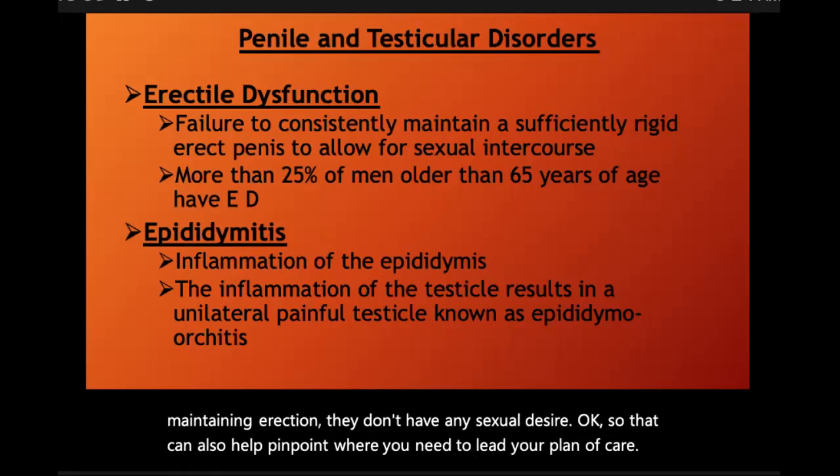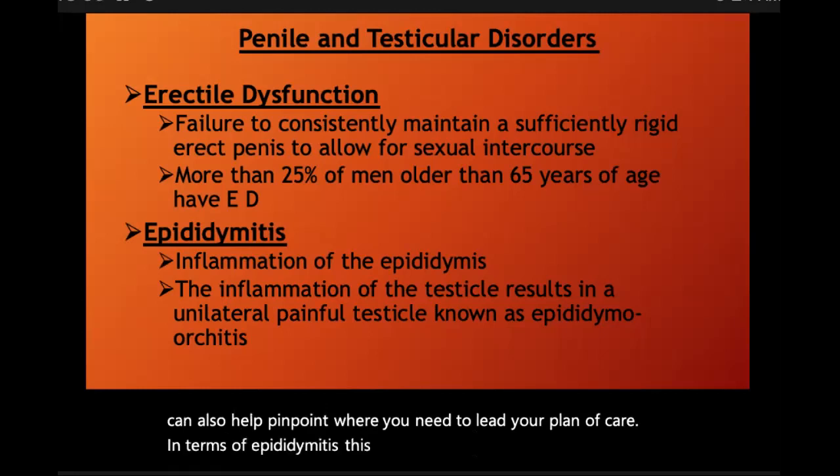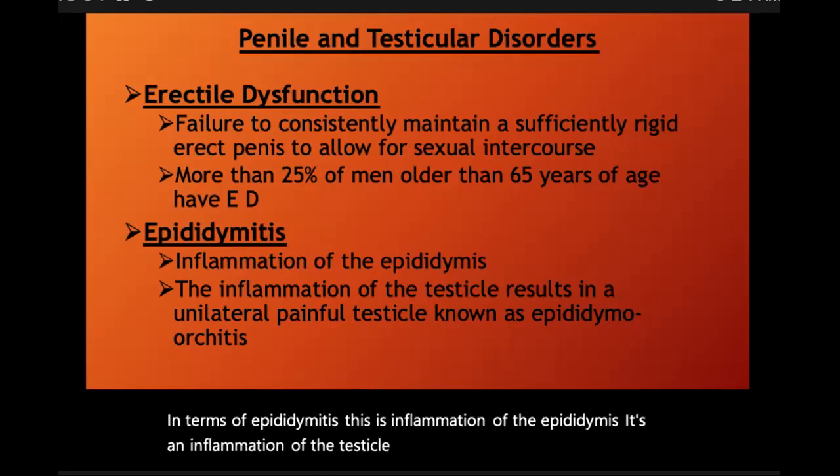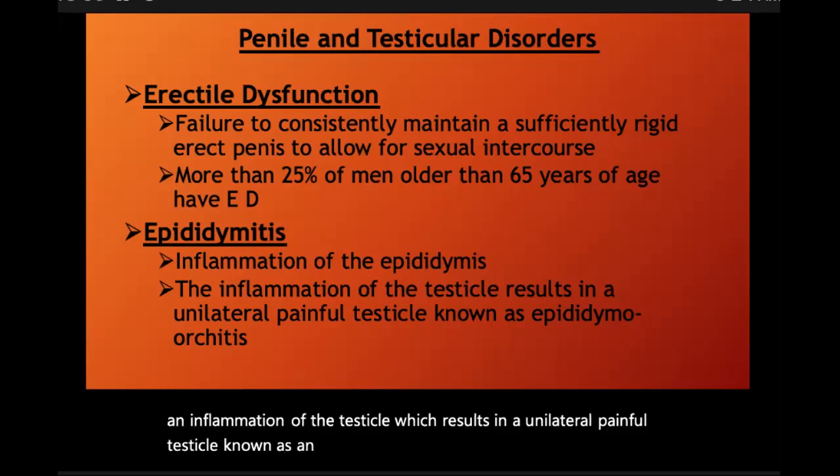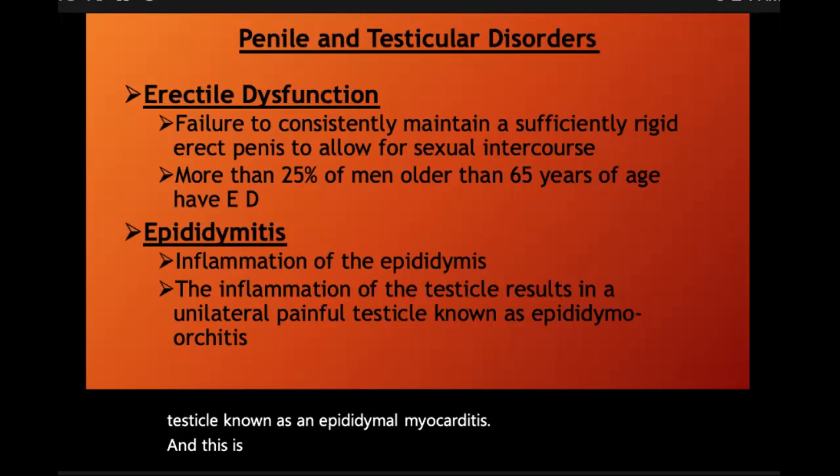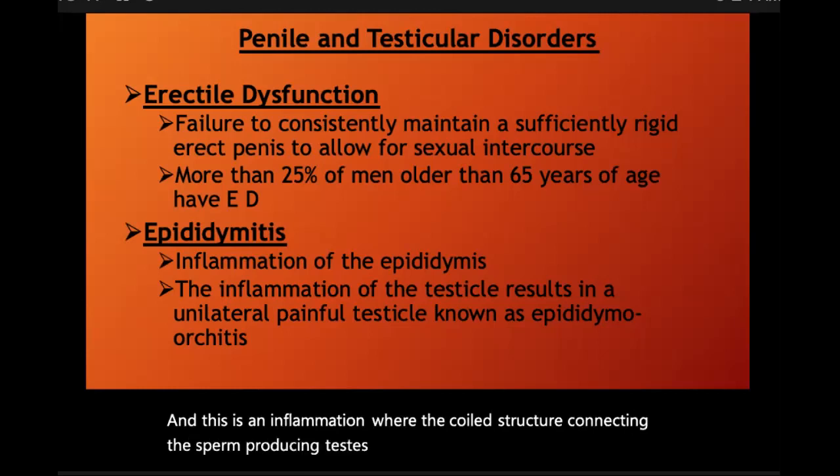In terms of epididymitis, this is inflammation of the epididymis. It's an inflammation in the testicle, which results in a unilateral painful testicle, known as epididymo-orchitis. This is an inflammation of the coiled structure connecting the sperm-producing testes to the vas deferens, which allows for maturation and immunosurveillance of the sperm.